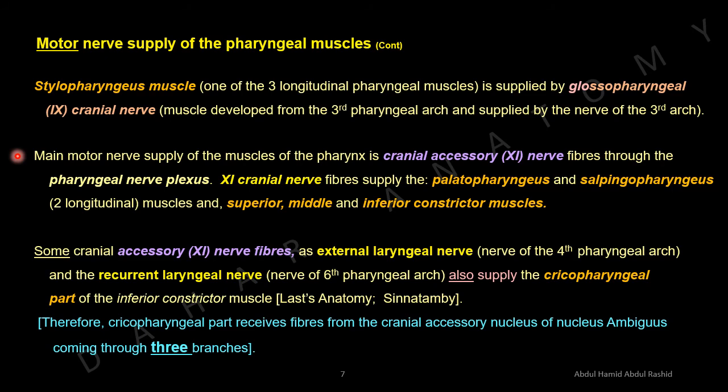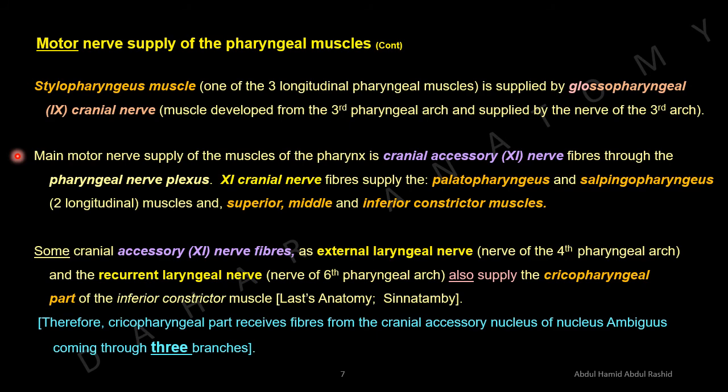The 11th cranial nerve fibers supply the palatopharyngeus and salpingopharyngeus muscles, that is the two longitudinal muscles, and the superior, middle, and inferior constrictor muscles.